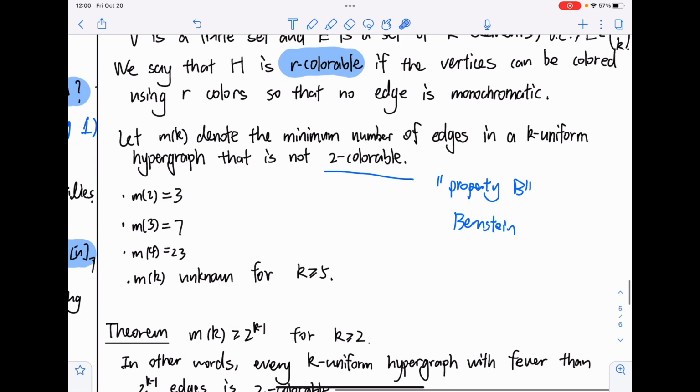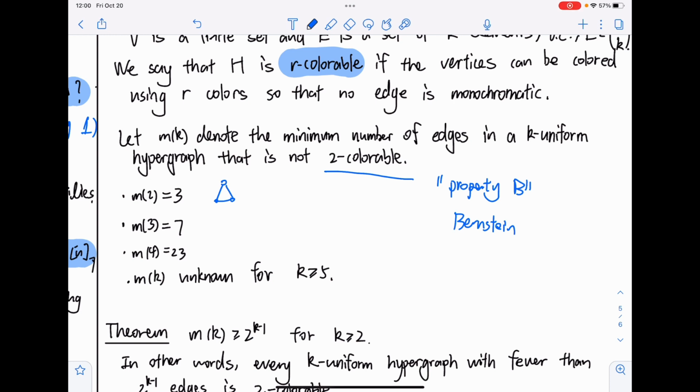Here are some small values. m(2) is equal to 3. You can draw it here. For k equal to 2, it is just a graph, and with 3 edges it's not 2-colorable, since it's very direct.